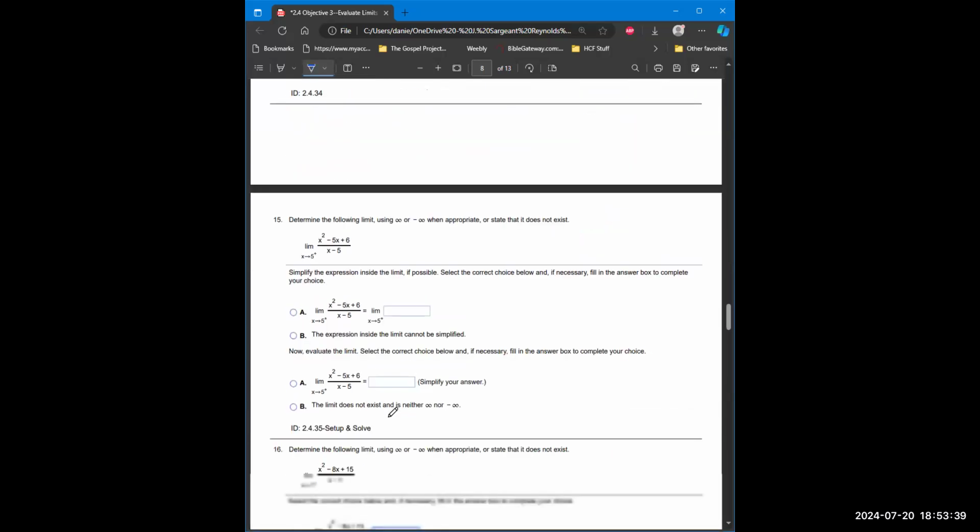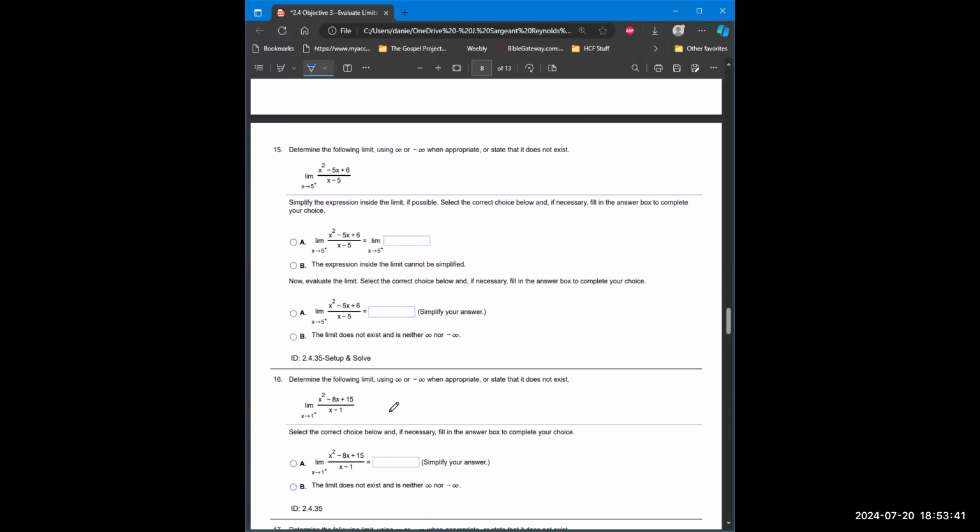Moving right along. As I approach 5 from the right, let's make sure that this doesn't cancel. X minus 3, x minus 2, x minus 5, limit x approaches 5 from the right. That's a positive, and a positive number. That's going to go to positive infinity.